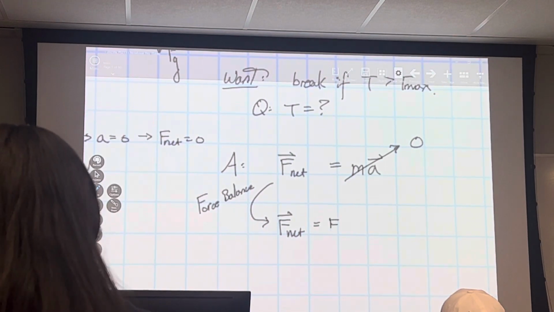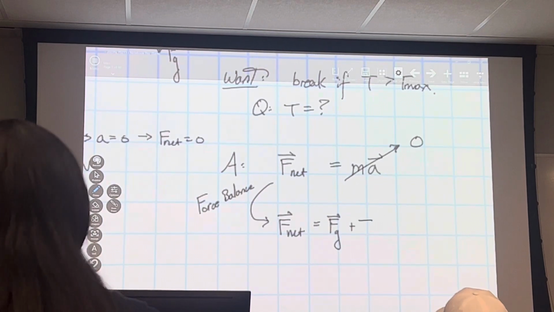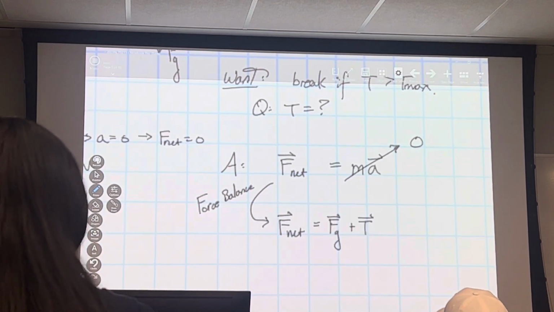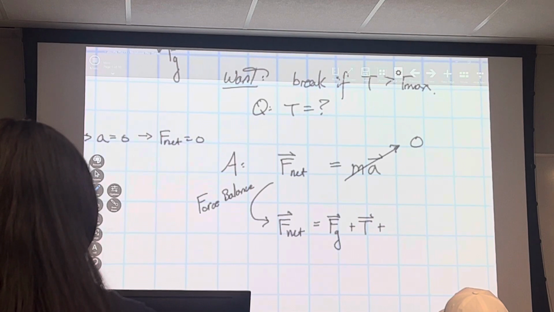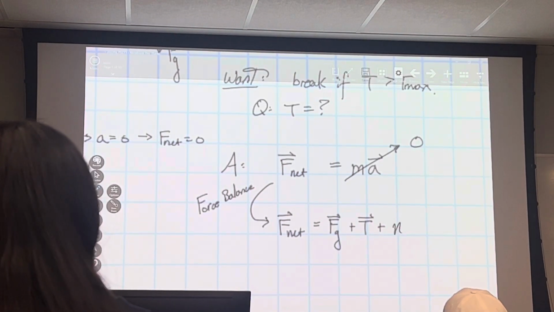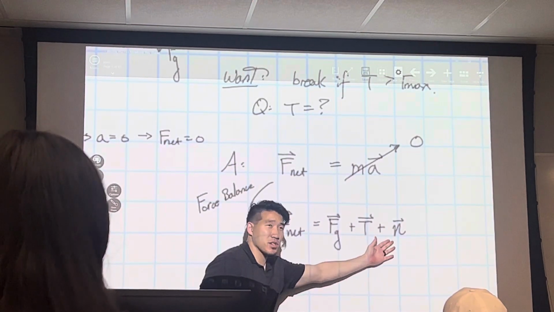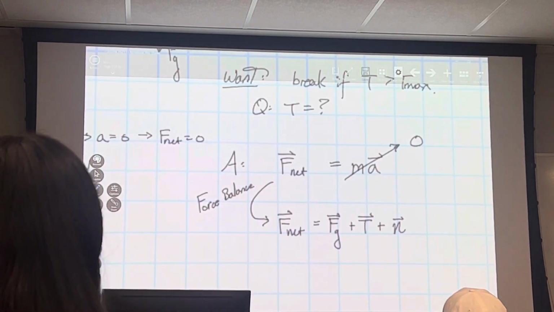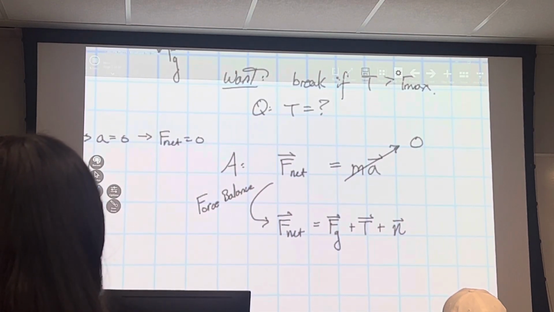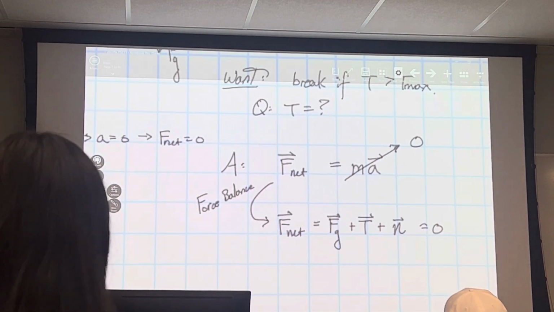Well, we have contribution from force of gravity. We also have contribution from tension, as well as, what is the last force? It will be the normal force. Our net force consists of these three vectors, and of course, we know that has to equal 0 because acceleration is equal to 0.